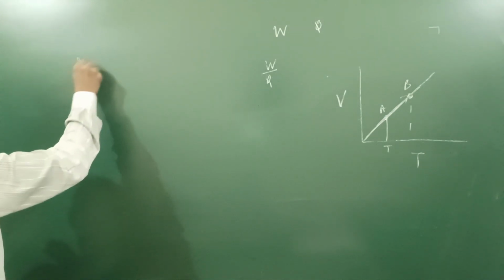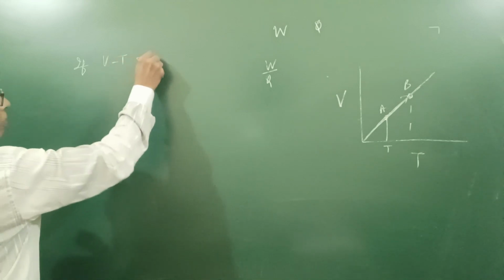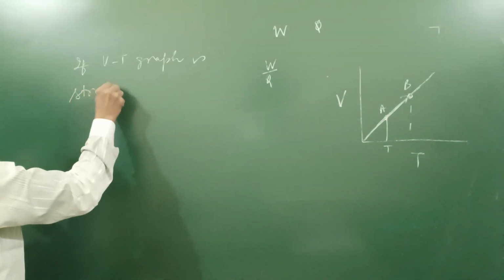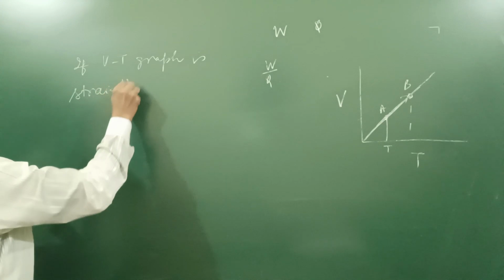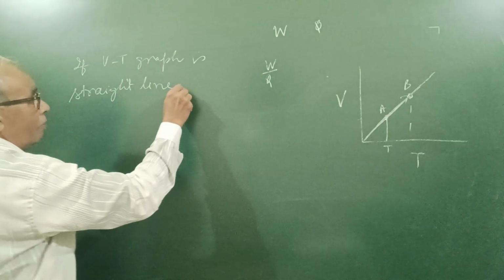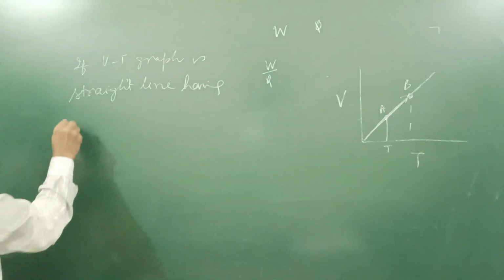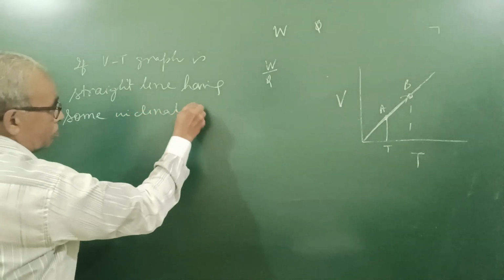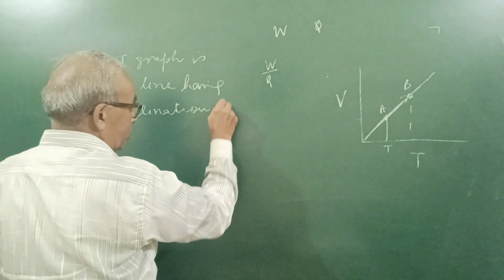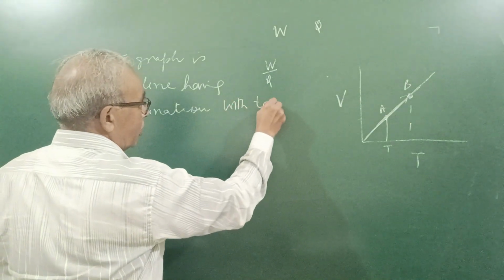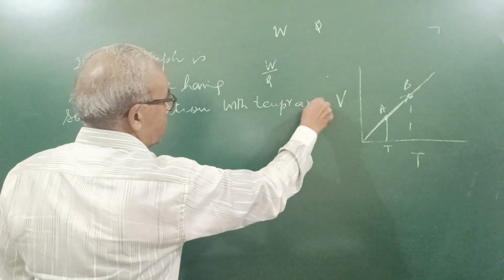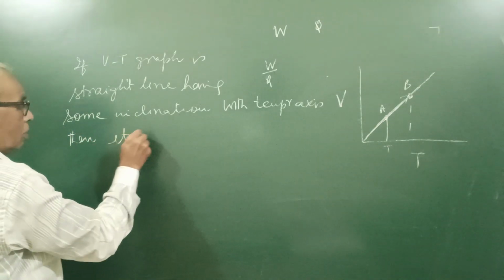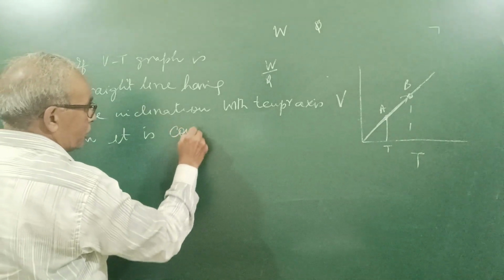If the V and T graph is a straight line having some inclination with the temperature axis, then it is at constant pressure.